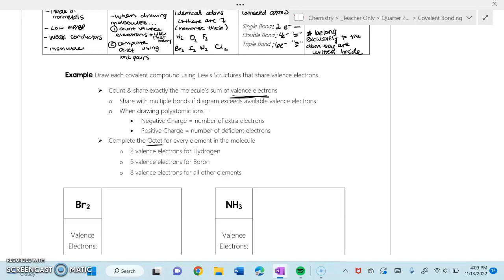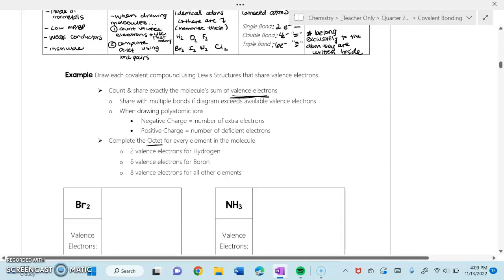What we mean by this, we're going to share with multiple bonds if the diagram exceeds the available electrons. And when sharing, if we have a polyatomic ion, a negative charge means add extra electrons, and a positive charge tells us to take away or have deficient electrons from when it's neutral. And we will complete the octet using lone pairs.